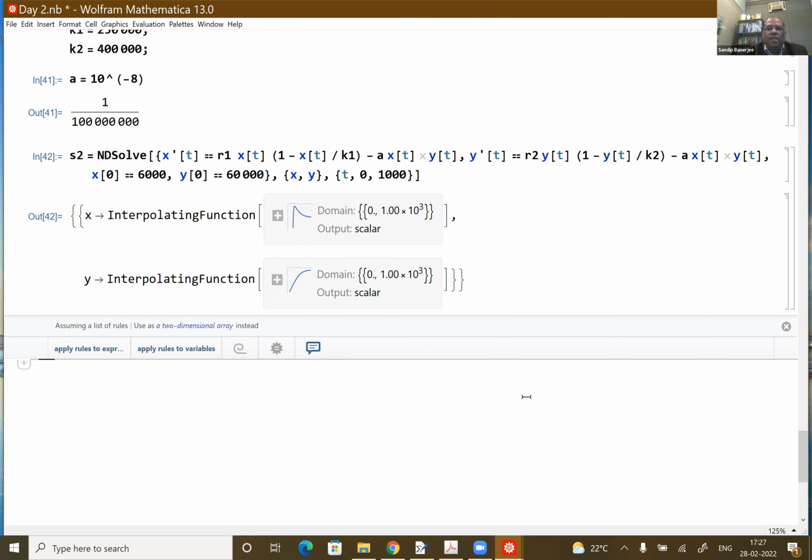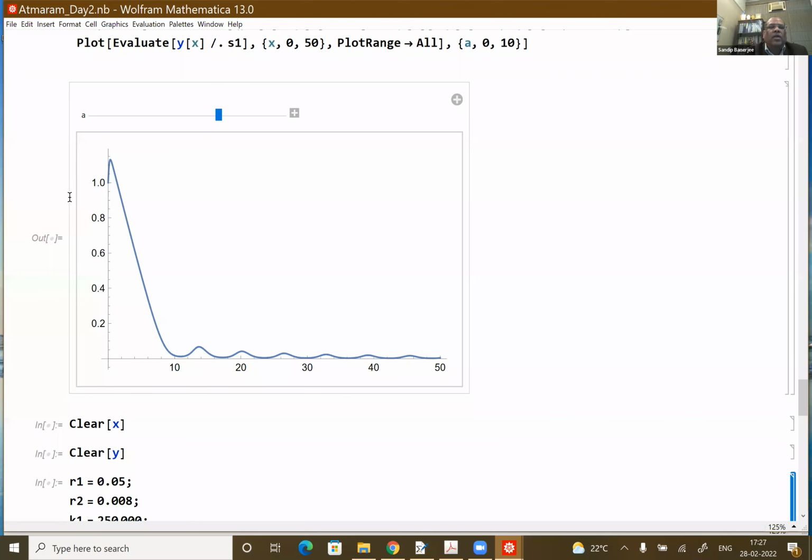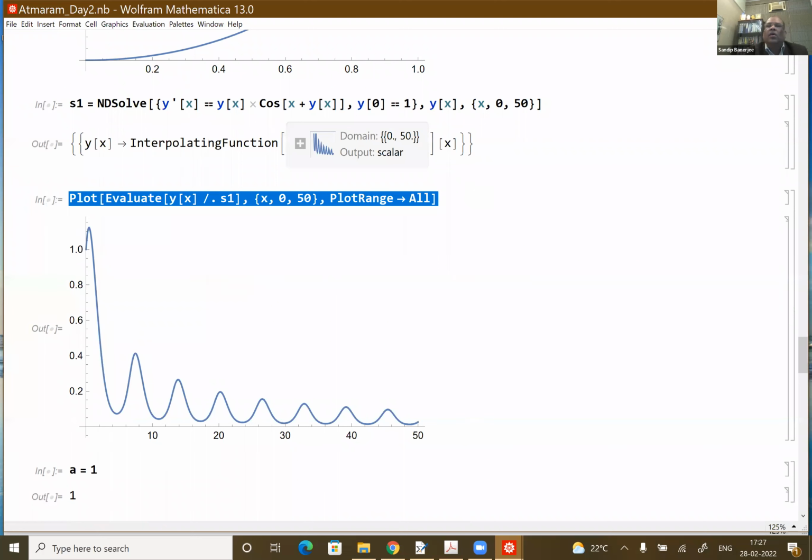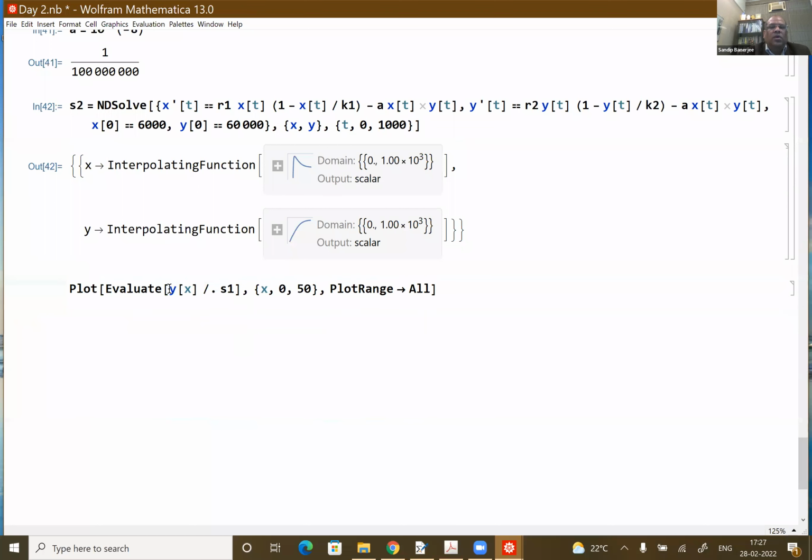okay, so the same kind of plot, evaluate. So here it is xt, yt is 2, and it should work.